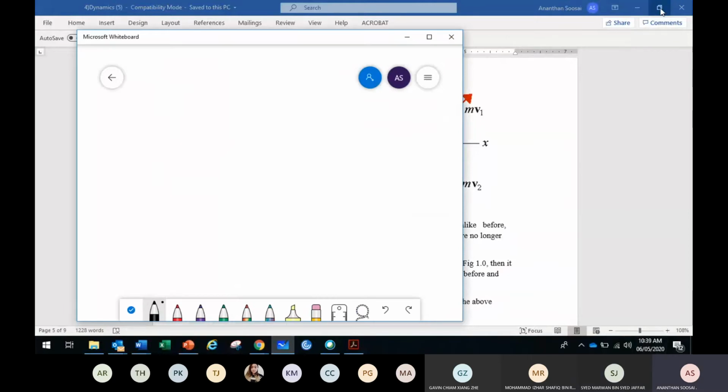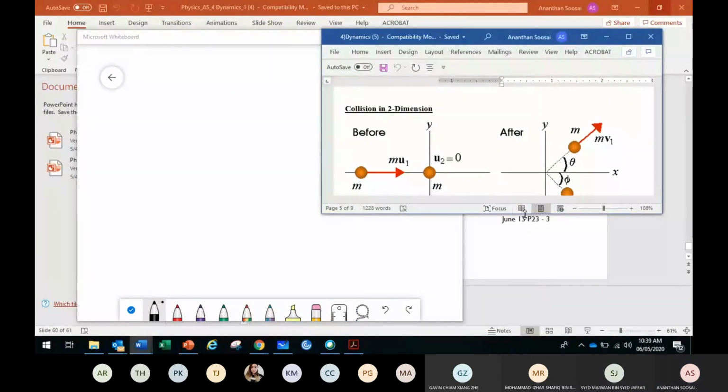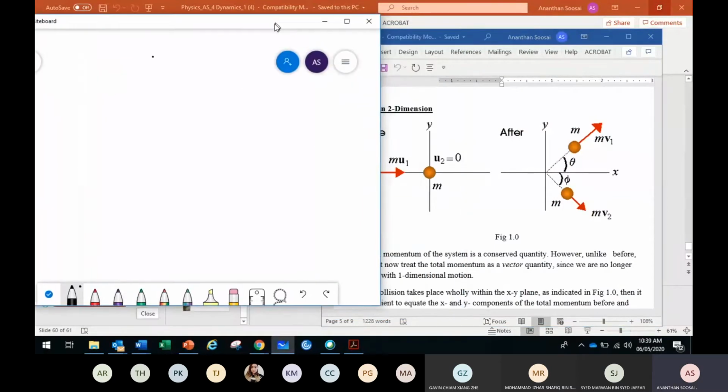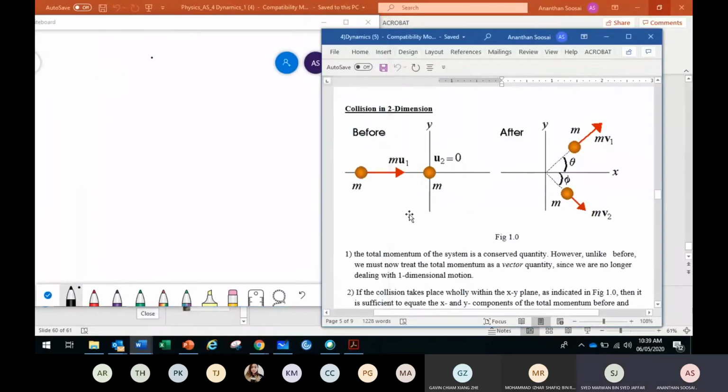Let me make it small. Okay, so now break all of them into their components.